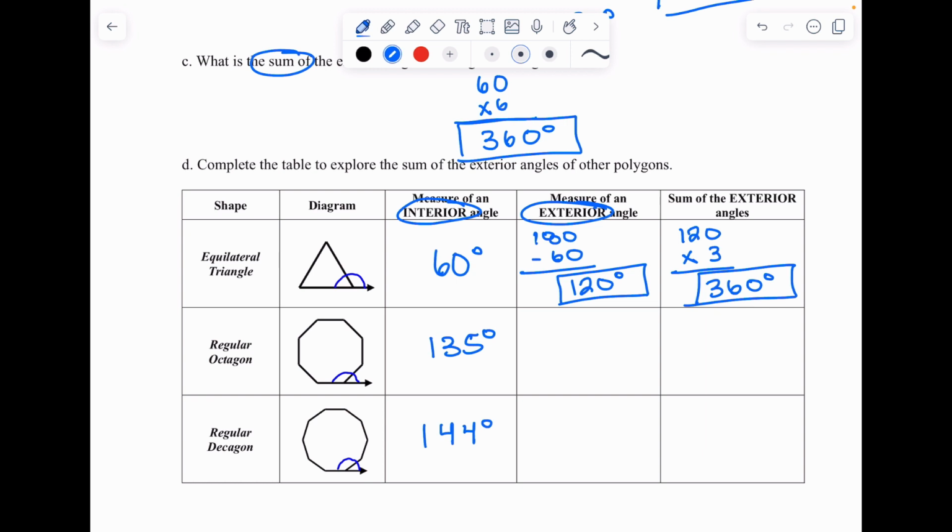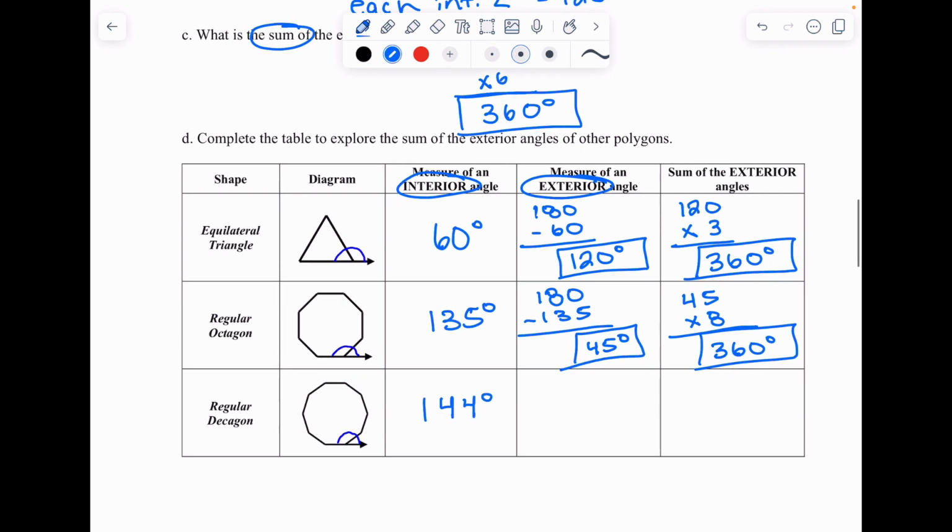For the octagon, I'm going to subtract 135 from 180, and this tells me that each exterior angle is 45 degrees. And then because I have 8 sides, I have 8 exterior angles, so 45 times 8 gives me an exterior angle sum of 360 degrees.